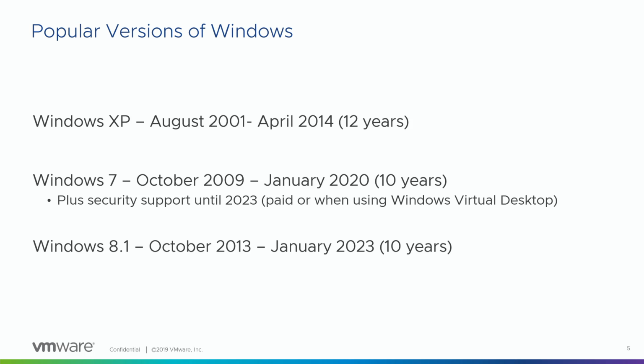I believe 95, 98 SE kind of had a lot of popularity, but this was the first version of Windows that took that stability of the Windows kernel and brought the user experience of the Windows 9x line and brought them together. And it gained a lot of traction in the enterprise.